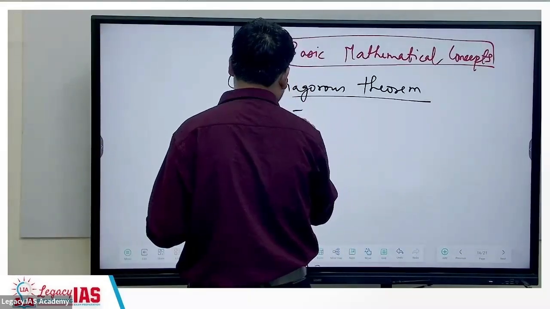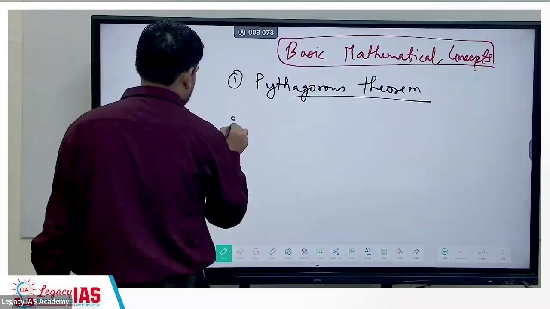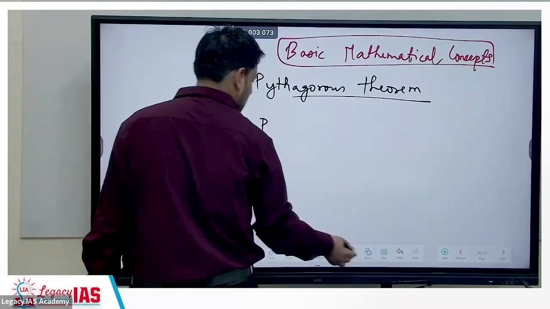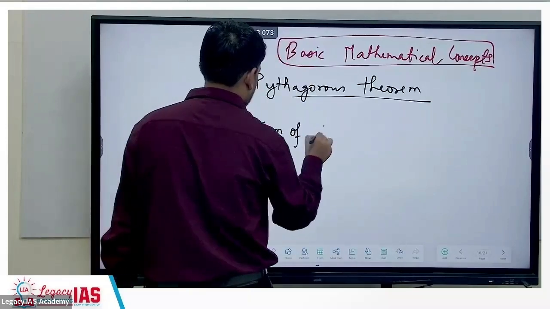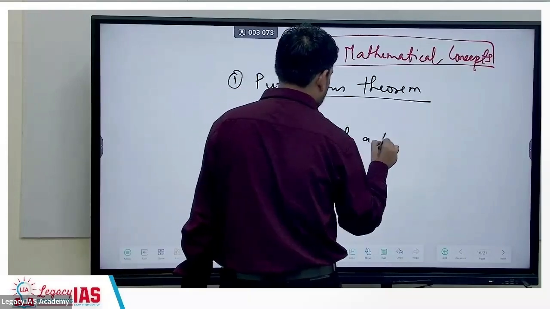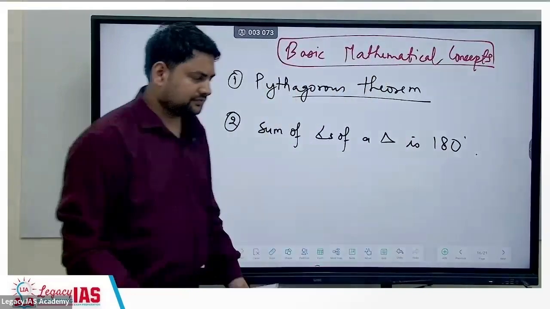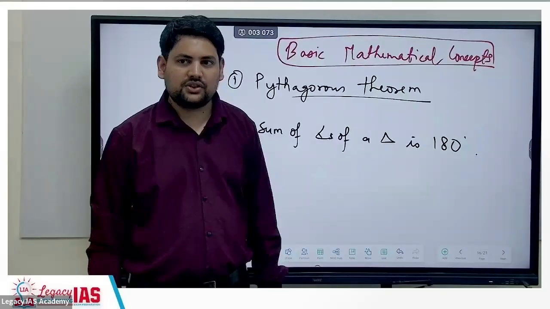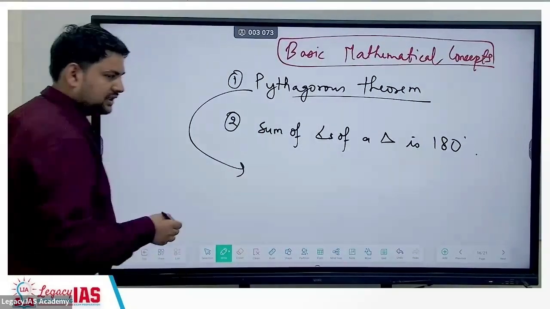Then, sum of angles of a triangle is 180 degrees. This much you will be knowing. Now, Pythagoras theorem. Understand this.